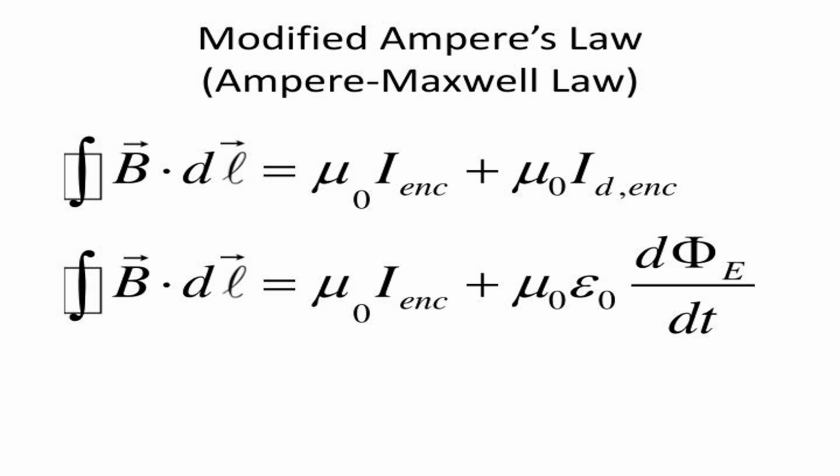Here I d is displacement current and I enclosed is basically conduction current. It is also written as closed integration of B dot dl equals mu naught I enclosed plus mu naught epsilon naught d phi E upon dt. Here I d is displacement current, equal to epsilon naught d phi E by dt, given and explained by James Clerk Maxwell, who modified the Ampere circuital law.